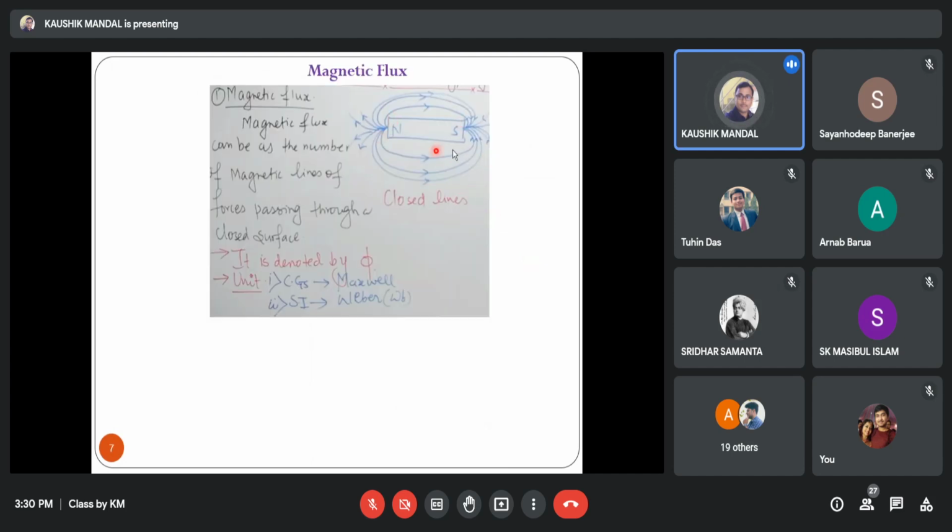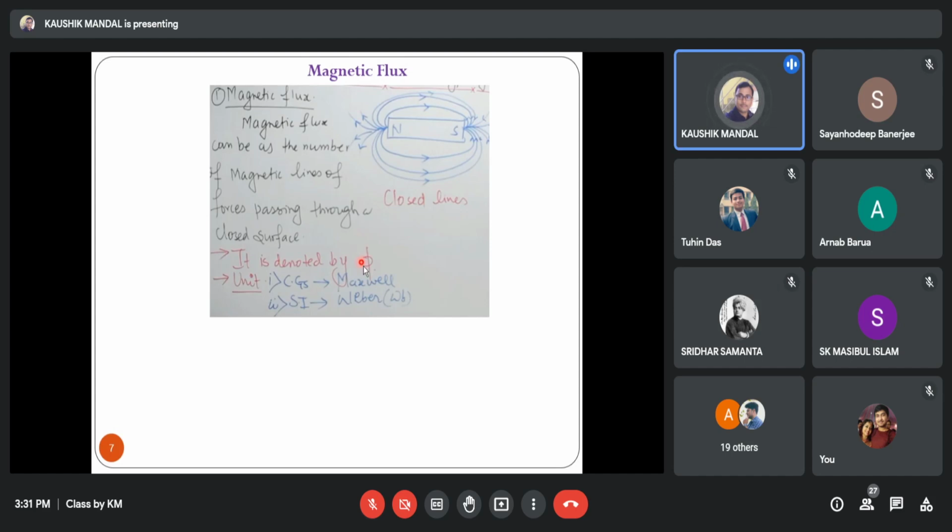If we consider a magnetic bar, with this as the north pole and this as the south pole, we can draw the magnetic lines of force in the way that is known to you. So first, if we try to define the magnetic flux, it is the number of magnetic lines of force passing through a closed surface.